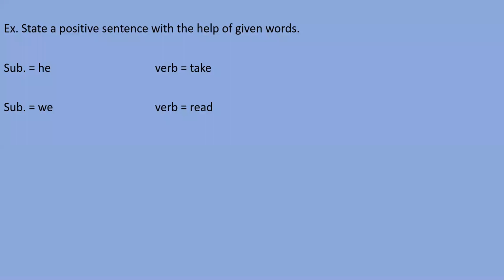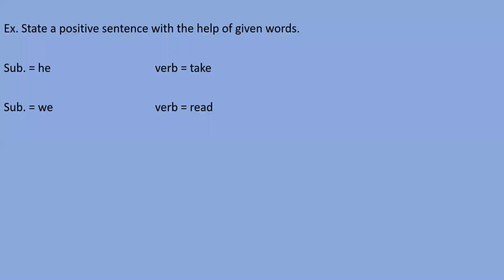Sanchi, please come. Say one sentence with the help of we and read. Good morning, sir. Very good morning, Sanchi. Sir, the sentence will be we read books. Yeah, we read books. Positive sentence we need to say, and we have to use read here because our subject is first person plural. It's very good, right answer.